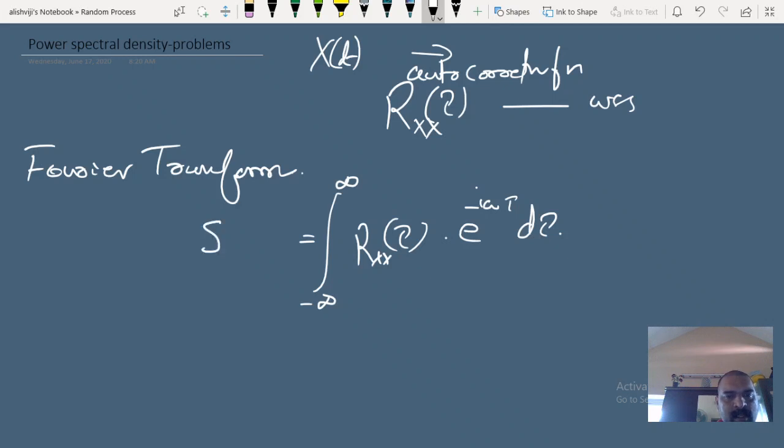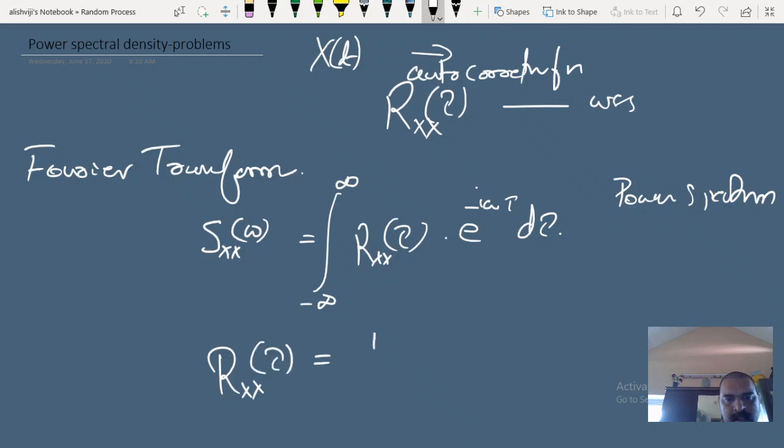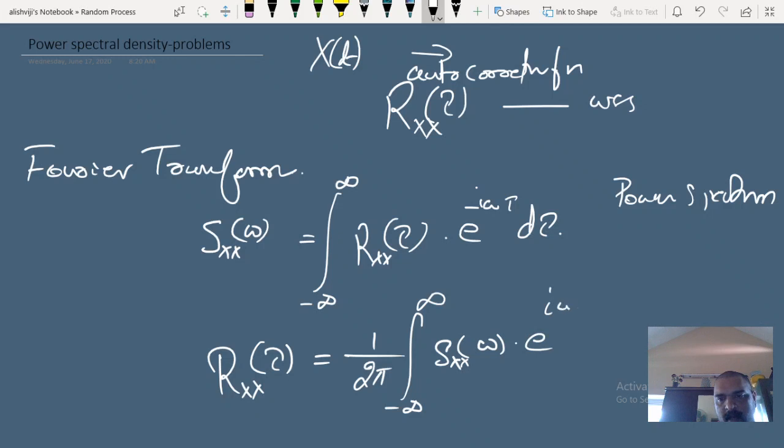This is denoted by S_xx of omega and is known as the power spectrum or power spectral density of the random process. And from the power spectral density, we can find the autocorrelation function as the inverse Fourier transform, which is defined as the integral from minus infinity to plus infinity of S_xx of omega into e raised to i omega tau d omega.